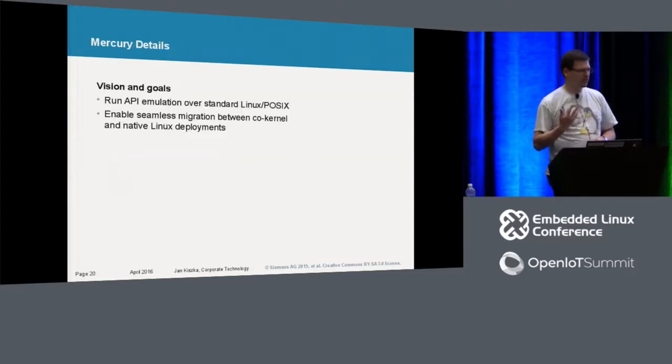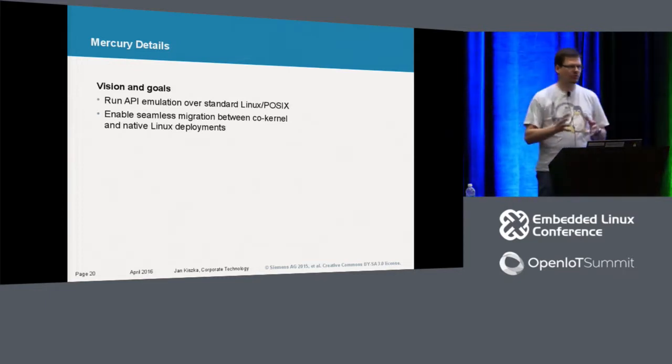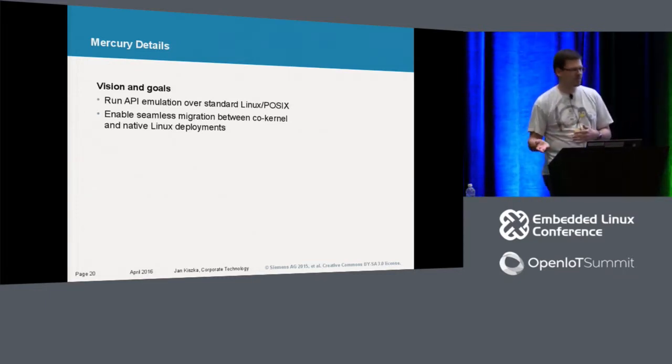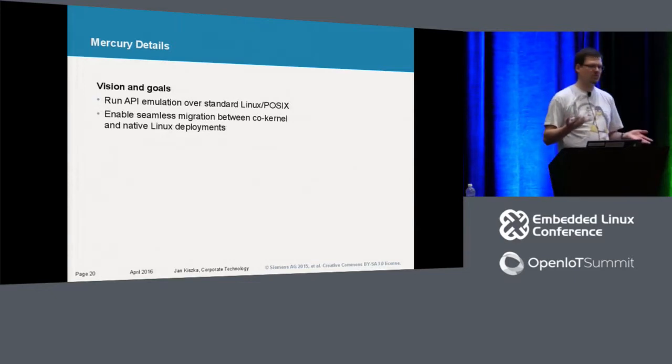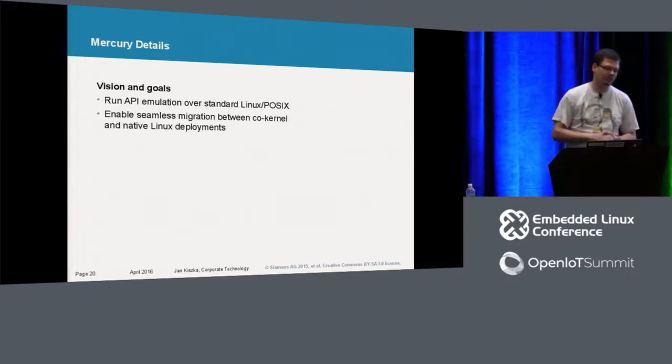Because the whole vision and goal behind it is to use the native interface and to enable the migration between both variants. So if you have an application stack consisting of the application and maybe some drivers, you should be able to switch the technology as you have need. So you start maybe with a co-kernel and you identify, okay, it works well with PREEMPT-RT, maybe even sometime with the upstream kernel, just switch over. Don't change my application anymore. That's the vision behind it.